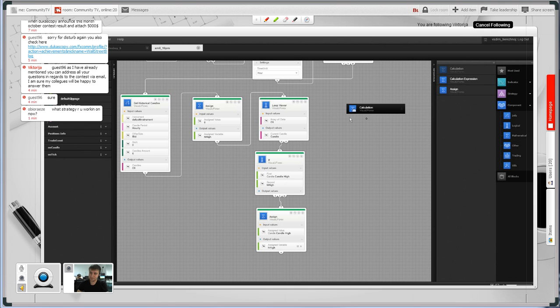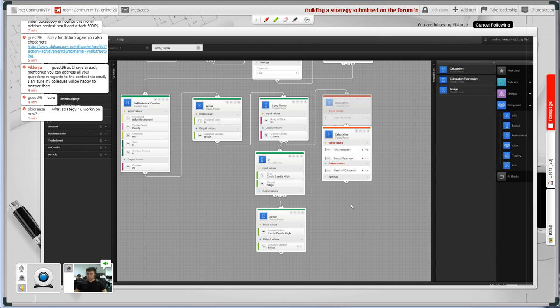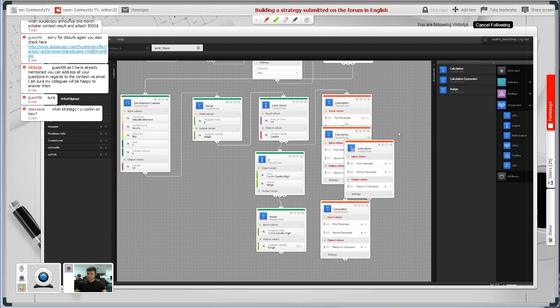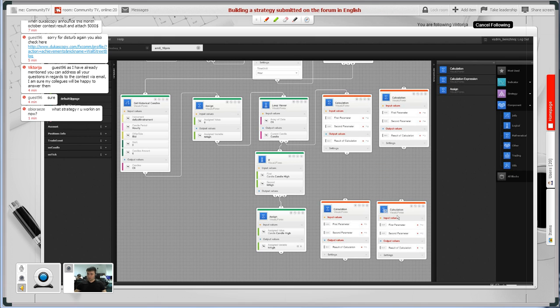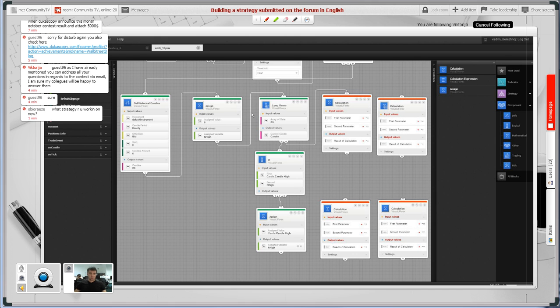With calculation, here would be about 4 calculation blocks. What are we using?